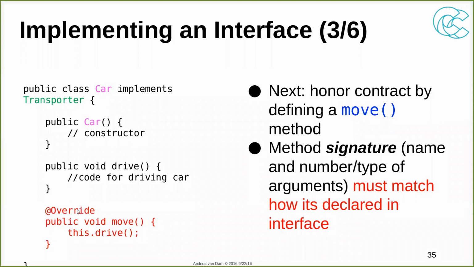But what it simply says is that when you implement it, you need to consider the local implementation and not give preference to the one that was inherited, or the one that came into this class through implements. Transporter, although it doesn't have a definition of the move, still has the declaration. So you're saying that the car now gives preference to this particular move, rather than to the move method of transporter.